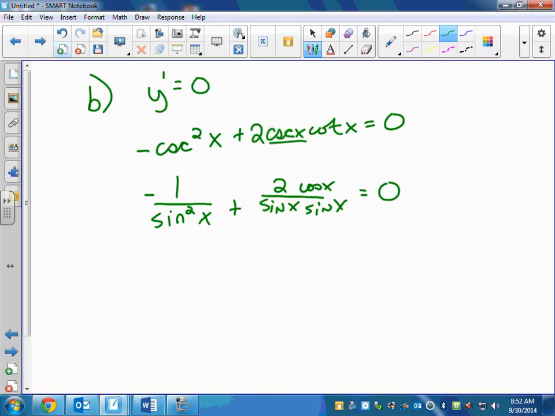Notice this becomes sine squared over here, so these have a common denominator already. So I could say that this is negative 1 plus 2 cosine of x equals 0.